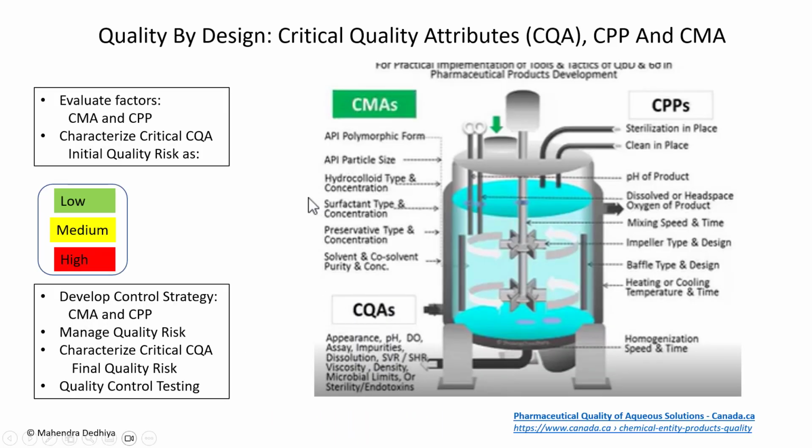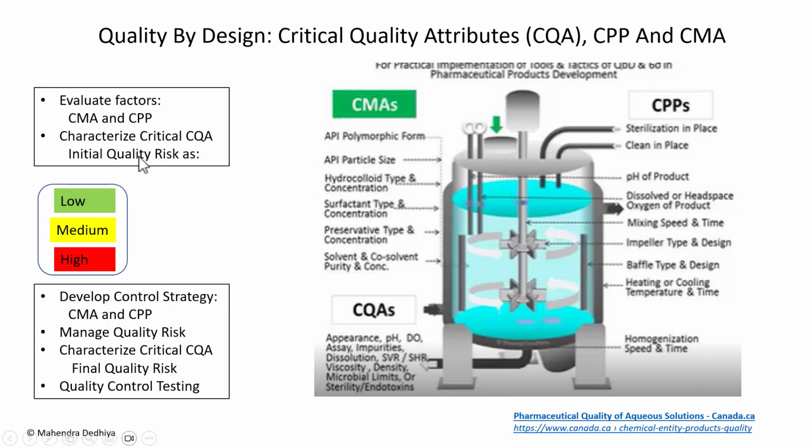So let's look at quality by design for liquid and solution product. We talked about critical quality attributes, CQA, critical process parameters, CPP, which are the process conditions, and CMA, critical material attributes. We evaluate CMA and CPP to characterize the critical quality attribute.